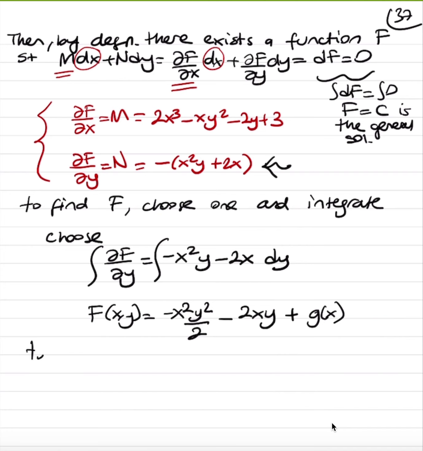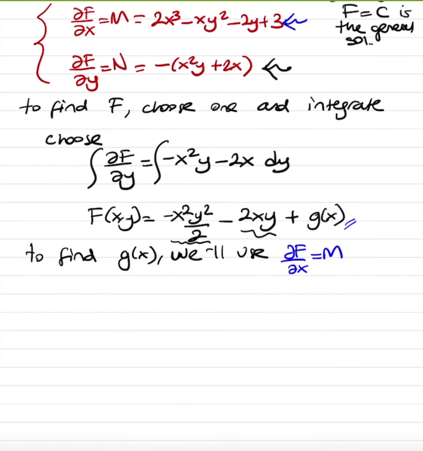So to find g of x, we will use this second one. We will use del f over del x is equal to m. Okay, now let's take the derivative of f with respect to x.